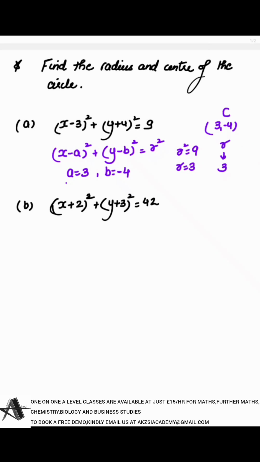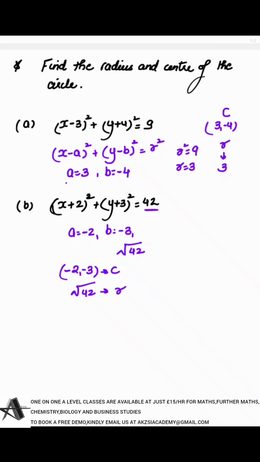Similarly, I can say for part B, on comparing, we'll get a as negative 2 and b as negative 3, and rooting the number here will give you root 42. So the center is negative 2 comma negative 3, and the radius is root 42.